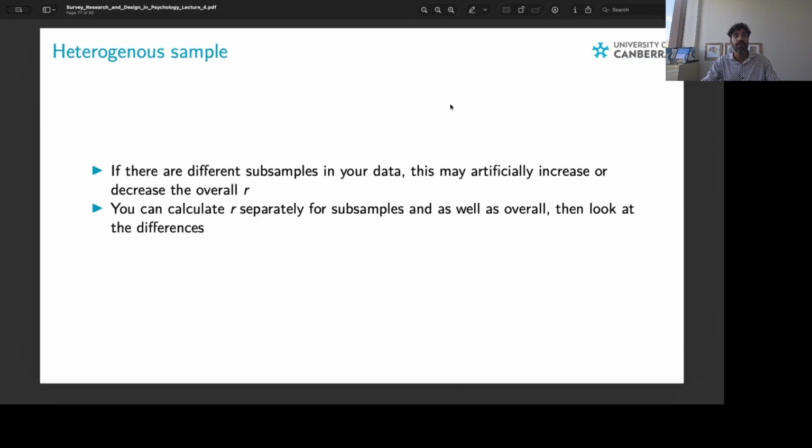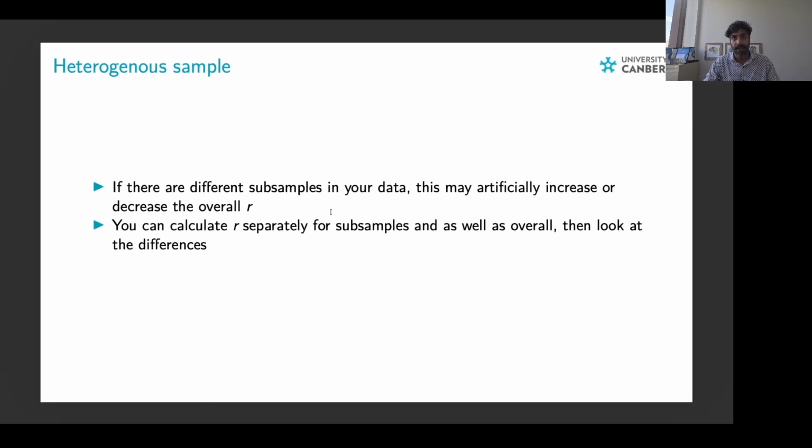Heterogeneous sample: this is where, if there are different subsamples in your data, it can artificially increase or decrease the overall correlation. You can calculate R separately for subsamples, as well as overall, and then look at the difference. Essentially, if you think you can identify different samples within your data, then you may find that the correlation can change.